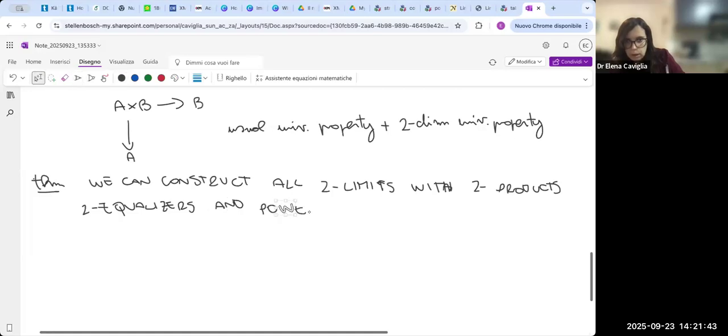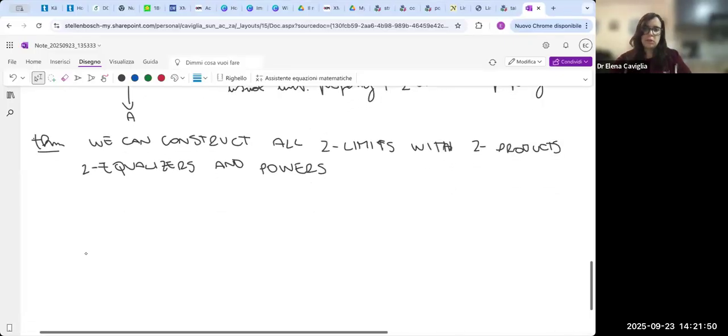So we need to add powers. And what are these powers? We are maybe not going to see them, this is quite hard to prove. It's not a straightforward result, but it has been proved.